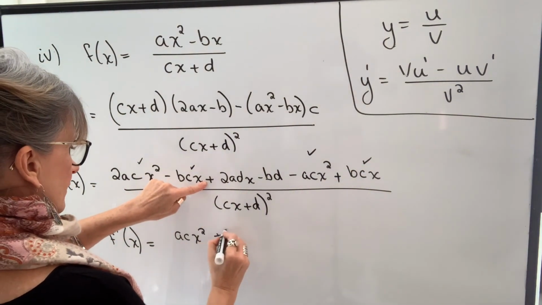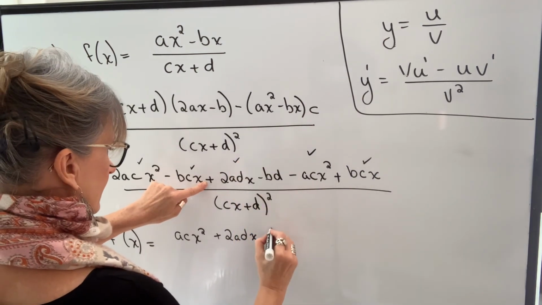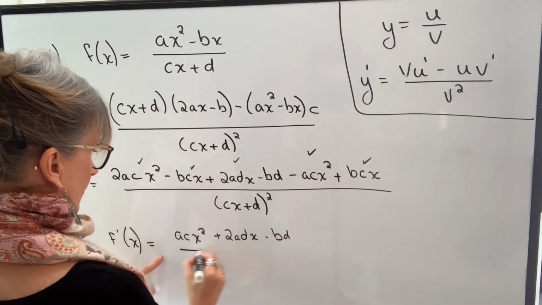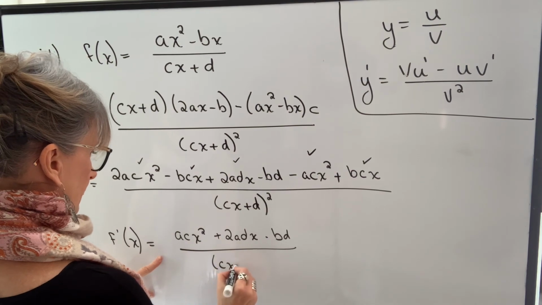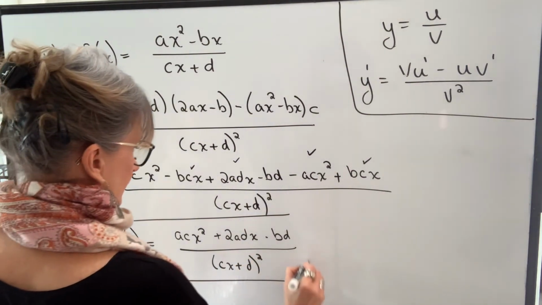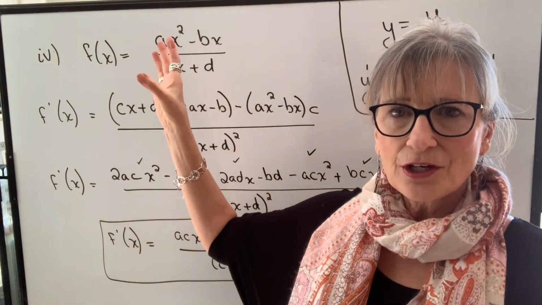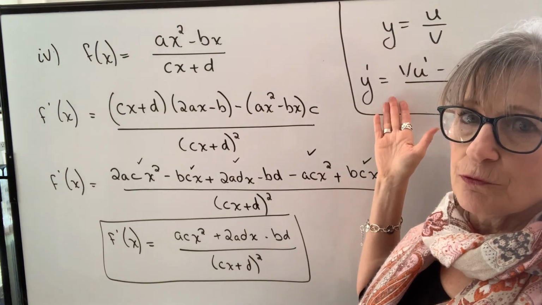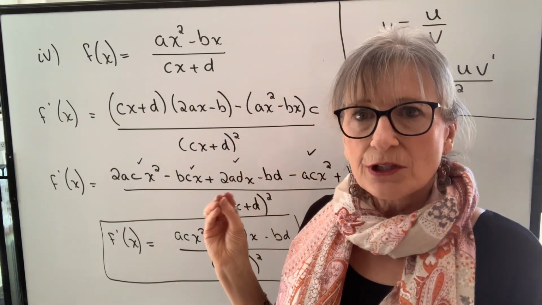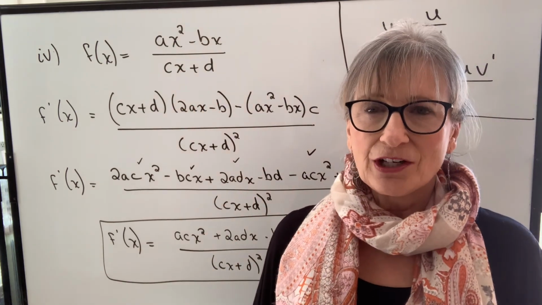Then I have plus 2adx and minus bd all over my denominator squared. So if you have functions like this, don't be alarmed. Just follow the rules like we've been following and just realize that these are numbers, we just don't happen to know what the numbers are.